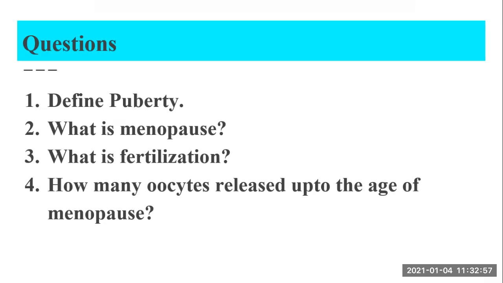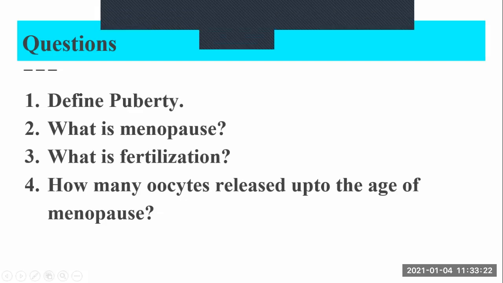Then we have a third question. What is fertilization? Very simple question. What is fertilization? Ma'am, can I? I know the answer. Yes, that's great. Any other? Yes, you can, but we'll see, many more students are there. Three participants have raised their hand. What is fertilization?